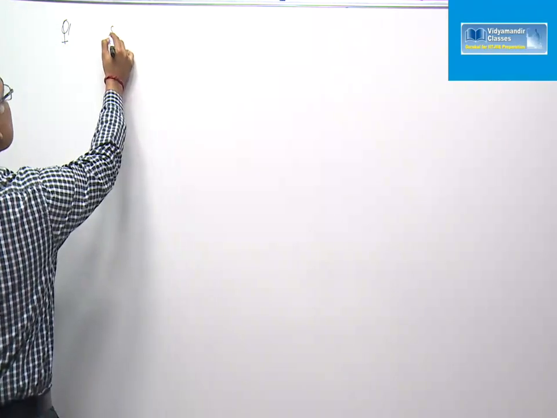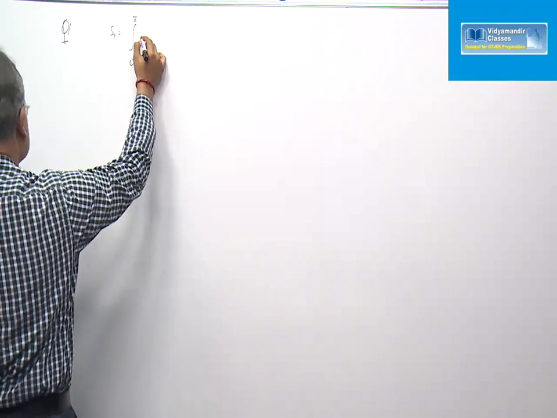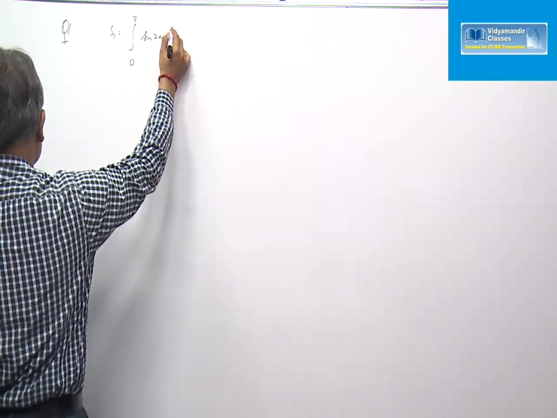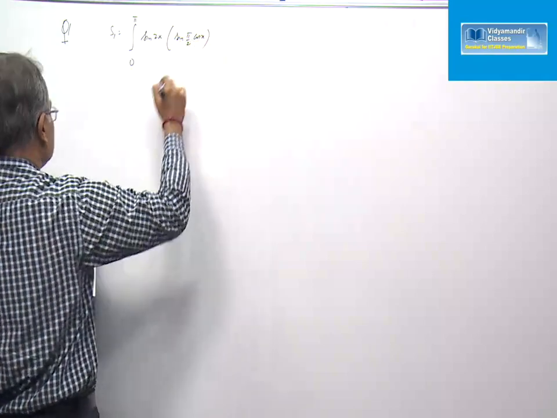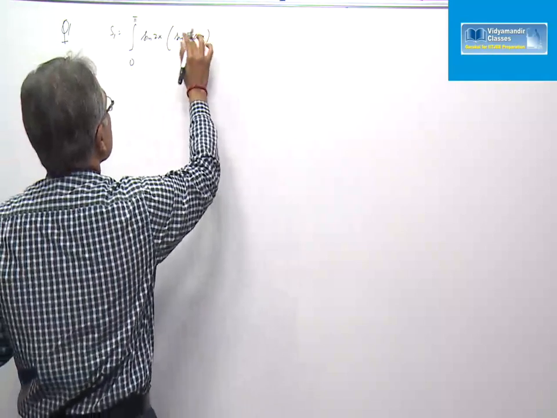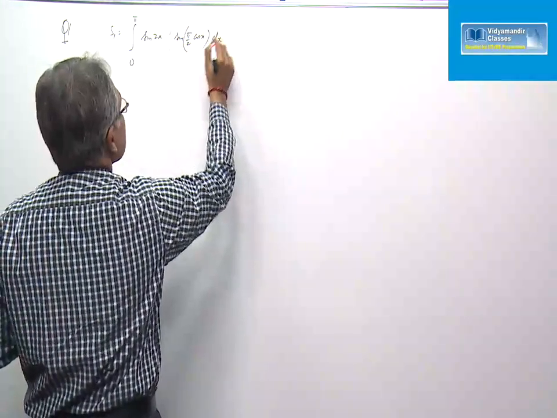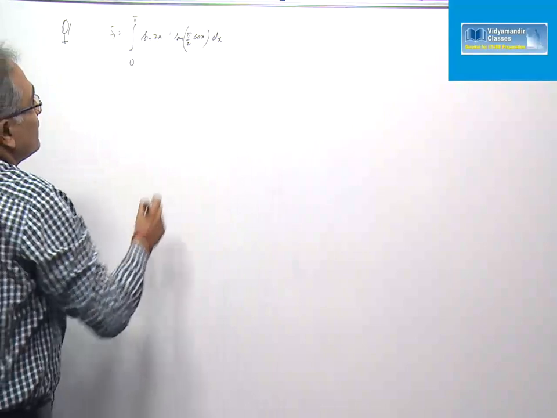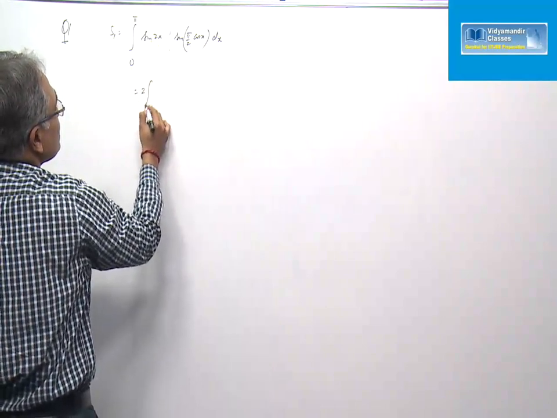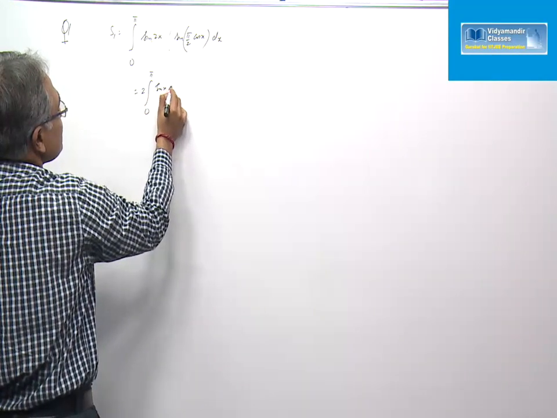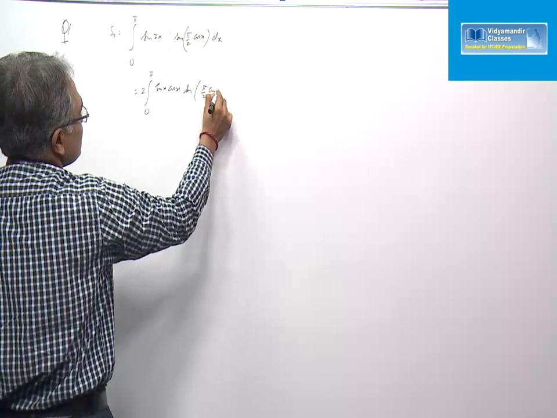First statement is integral 0 to pi sine 2x sine of pi by 2 cosine x dx. So this is integral 0 to pi sine x cos x sine of pi by 2 cos x.